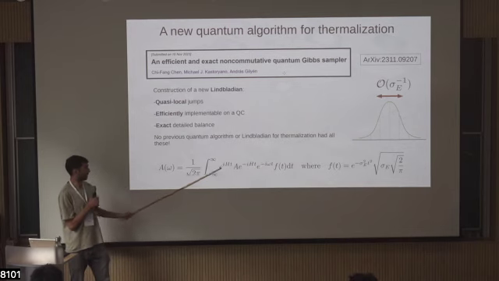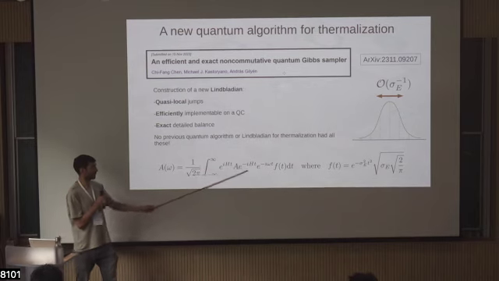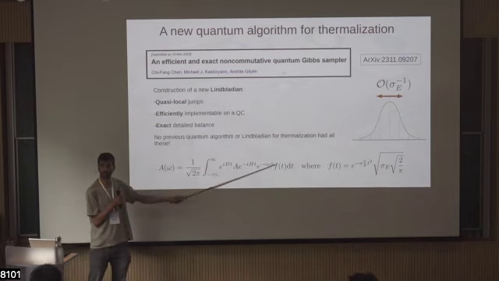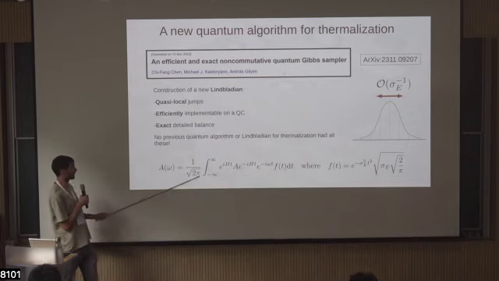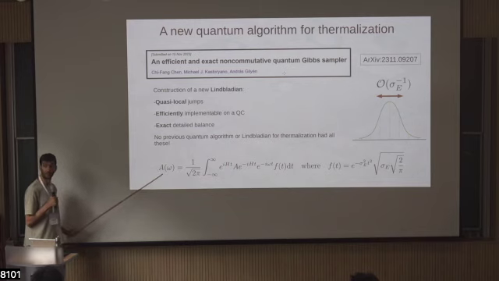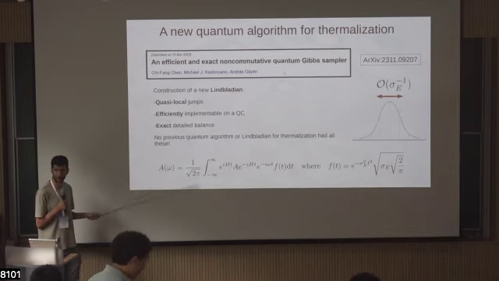You can truncate this integral at a finite time, and the error you make is how small this function is. So this is quasi-local along time, right? No, this doesn't depend on time. You just decide A to be a local operator, like a single-site Pauli or something like that. Okay, I see. So you just use the Lieb-Robinson bound, basically.